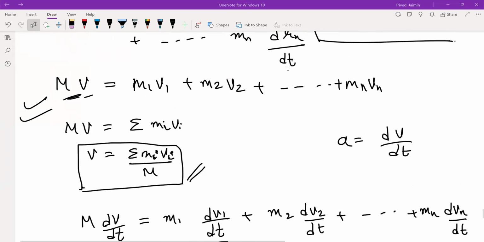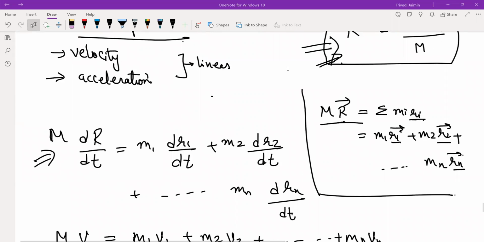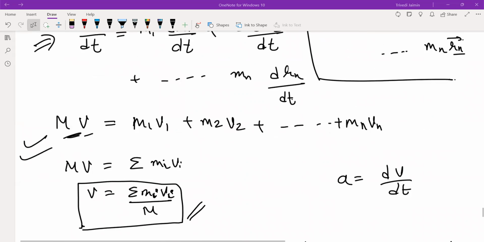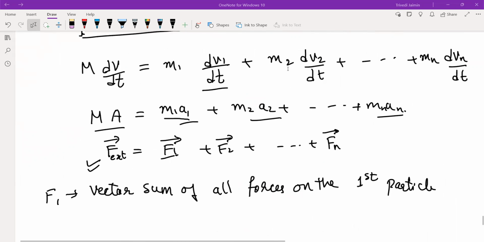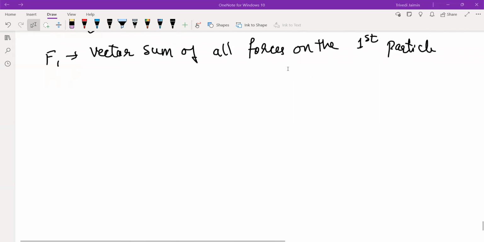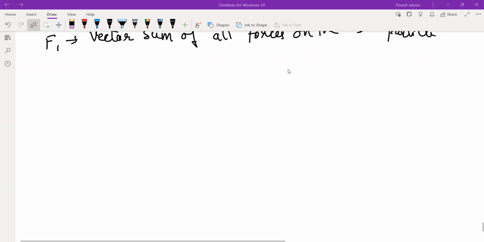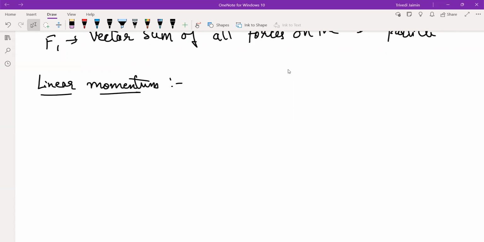Right now, still we are discussing acceleration and velocity, linear. Still we are going to discuss linear momentum. Now, what is momentum? Mass into velocity.